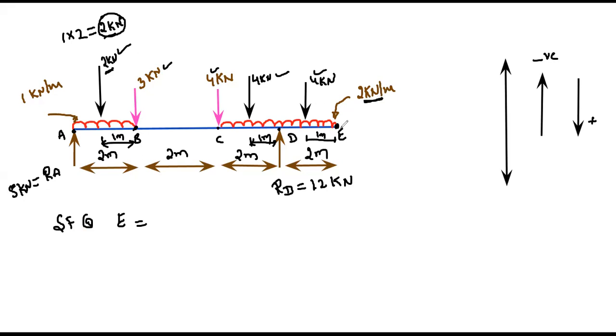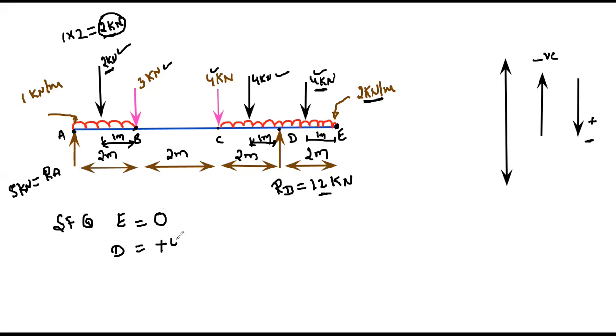So at point E we don't have any forces, so it is 0. Whereas at point D, to the right of this, we have 4 kilonewton, acting downwards. Downwards means it is positive.